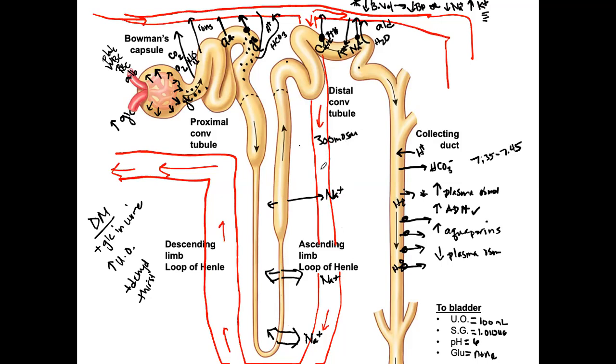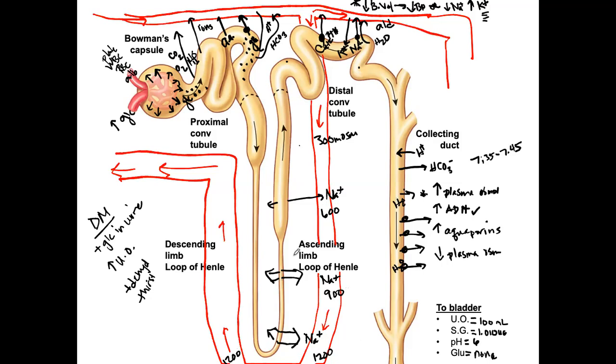And as we go down and we're pulling sodium in, what happens to the concentration? So concentration goes from 300, let's say 600 milliosmoles, 900 milliosmoles, and then 1200 milliosmoles, right? And then this is 1200 milliosmoles.